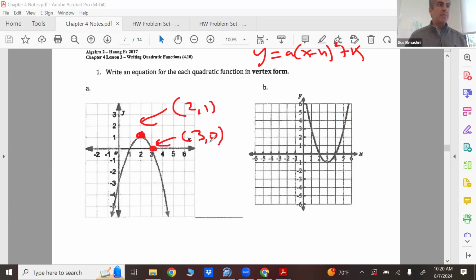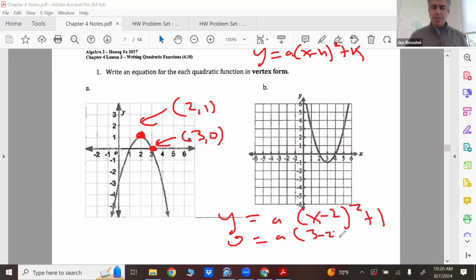They were on page 7 of the chapter 4 notes. So you should have y equals a(x minus 2) squared plus 1. Then plug in 3 and 0 for x and y and solve for a.